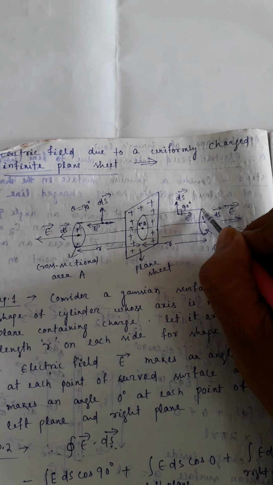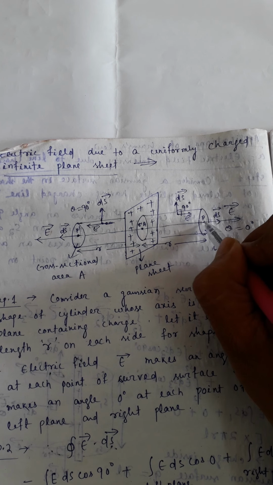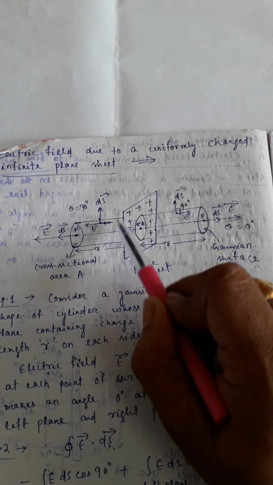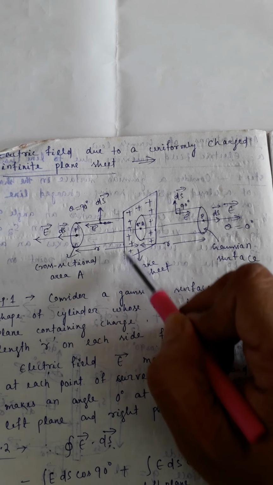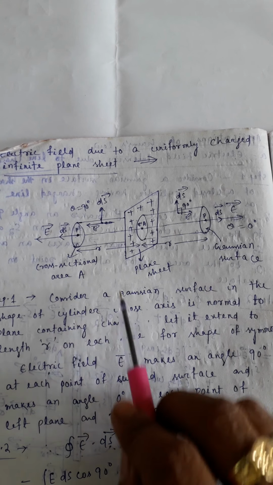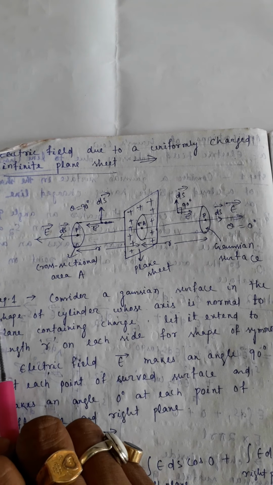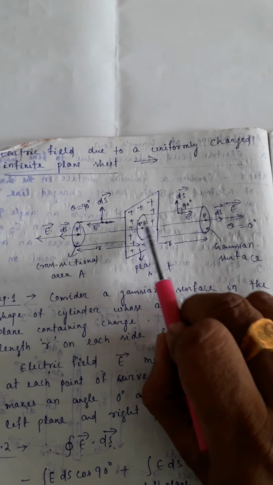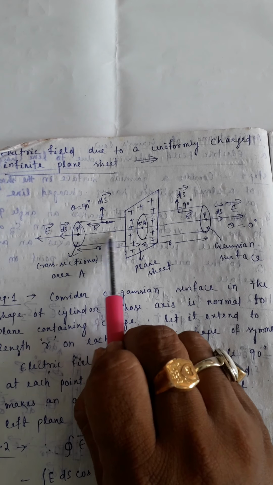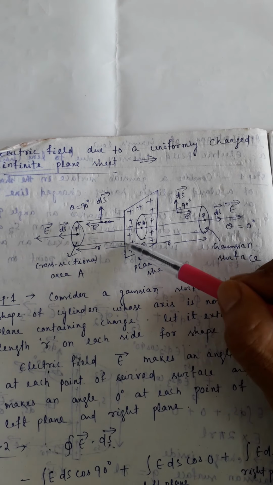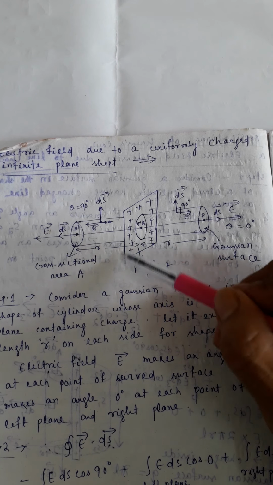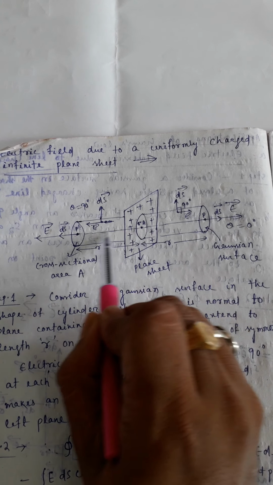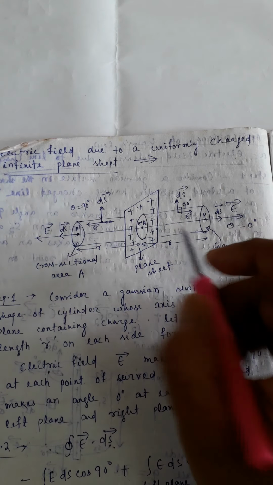Now we have to calculate the electric field at this observation point P due to a uniformly charged infinite plane sheet. For this, in step 1 we first consider a Gaussian surface in the shape of a cylinder whose axis is normal to the plane containing the charge, and it extends to a radius r on both sides for symmetry.